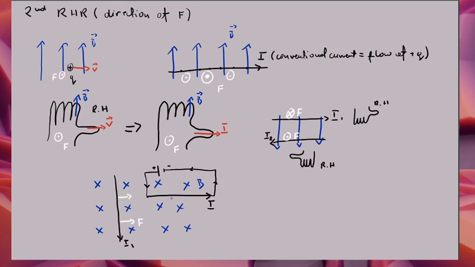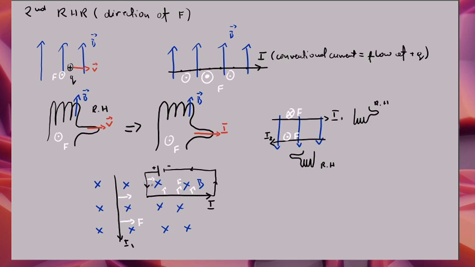Now this little segment here of this circuit is in the magnetic field, and the current here points into the page. The magnetic field points into the page or into the screen, and then the current flows to the right, so the force points up out of the palm of my hand. So force on this one would point up. Let's do this little section here.